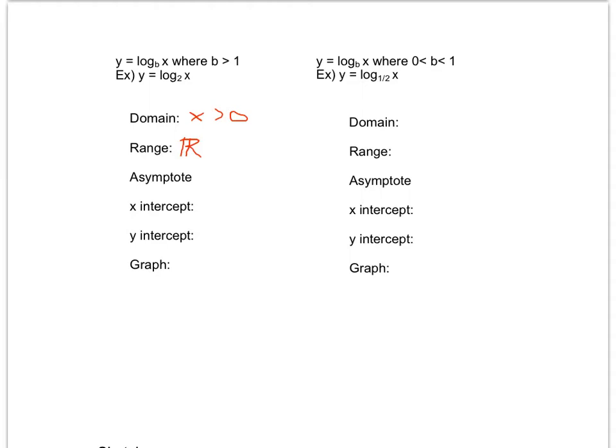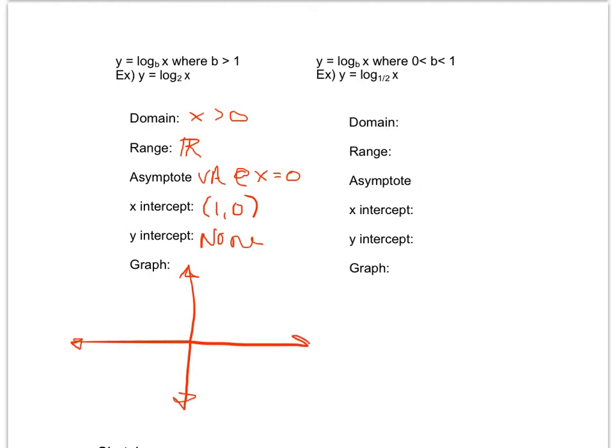And I notice that I have an asymptote. If you look at my graph, I know that I have a vertical asymptote at x equals 0. And I have an x-intercept at 1, 0. So just picking all this off my graph, because of the vertical asymptote, I have no y-intercept. And then just again putting that kind of graph into my notes so I have that handy.